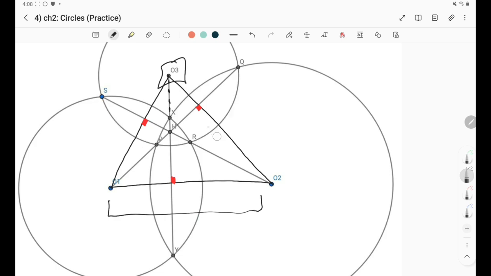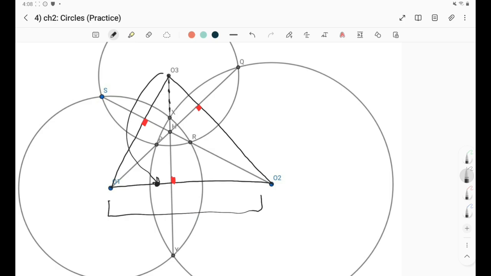So that means that if O3 lies on this line here, then we cannot apply our theorem. Why exactly? Because point H will not even exist.